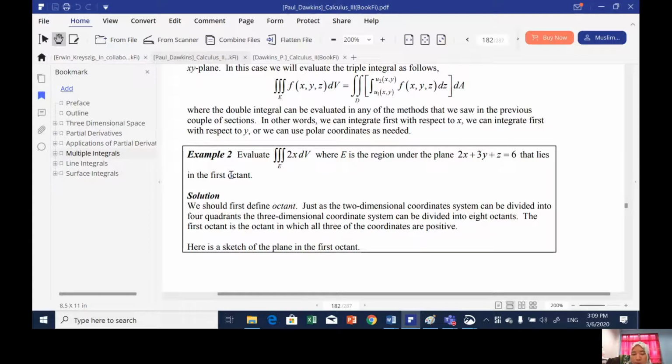A two-dimensional coordinate system can be divided into 4 quadrants, while a three-dimensional coordinate system is divided into octants. The first octant refers to the region where all three coordinates are positive.